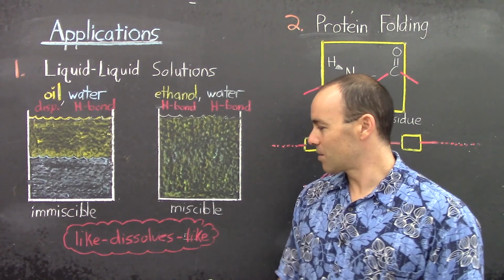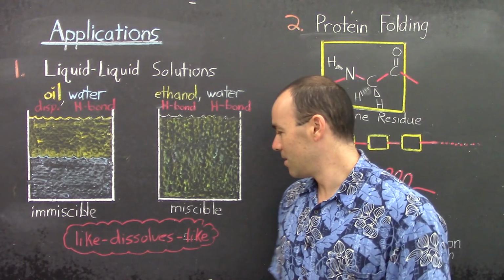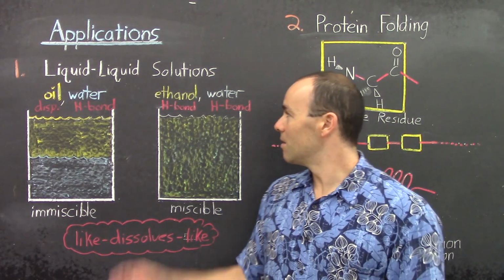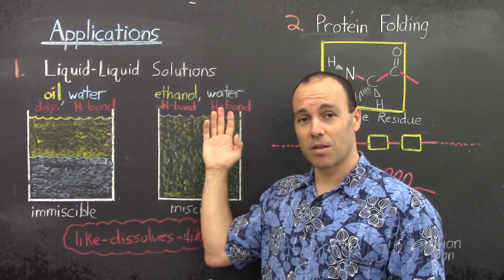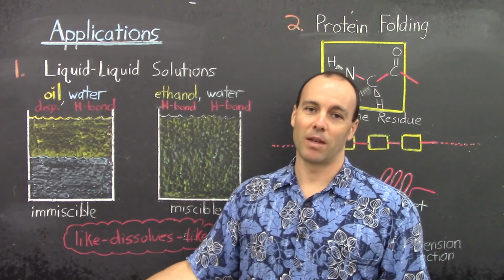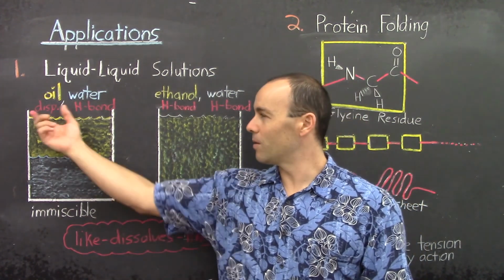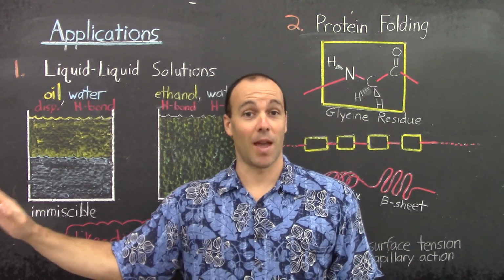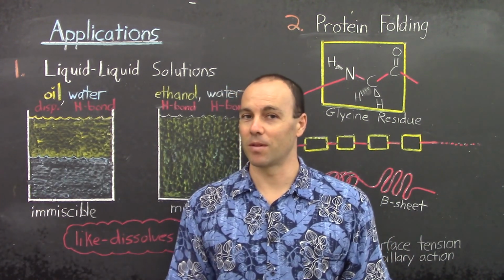This rule is described in three simple words: like dissolves like. Polar liquids generally dissolve each other, and nonpolar liquids do as well. Oil may not dissolve with water, but it should dissolve with gasoline, which is also nonpolar.